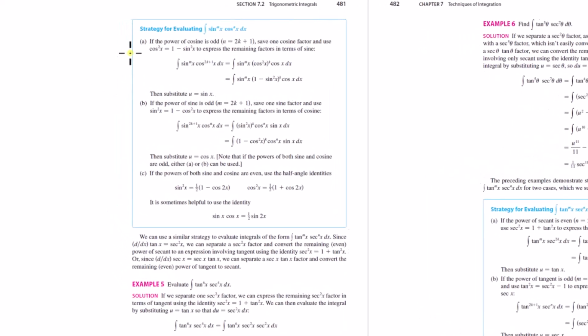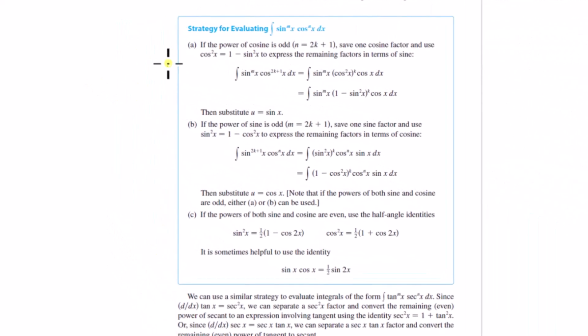Now they give a summary of the tools we now have in our toolbox. These are trigonometric integrals that only contain trig functions. All we've learned so far is integrals that contain just some power of sine, just some power of cosine, or some product of powers of sine and cosine.